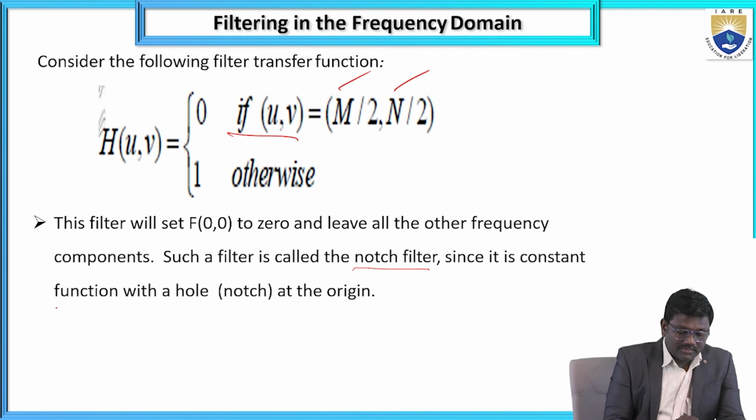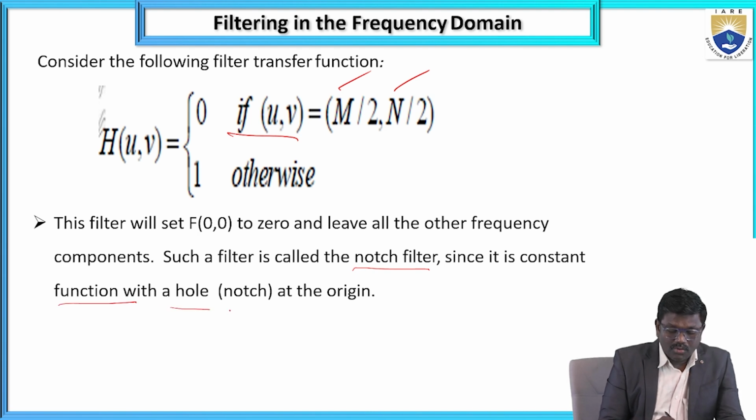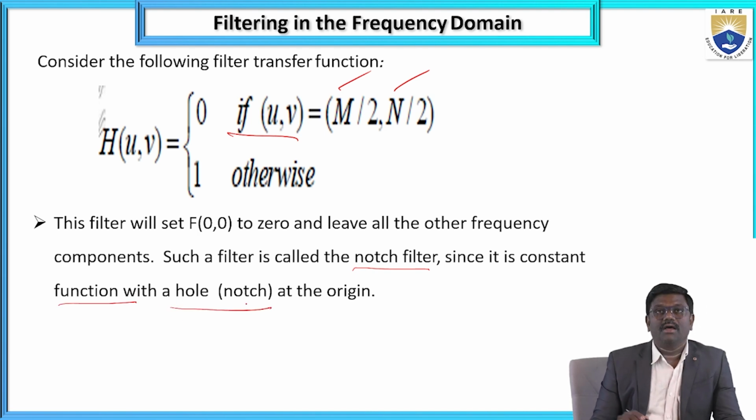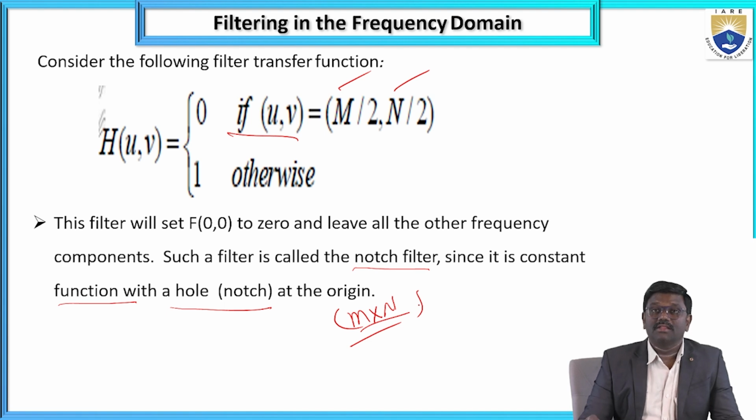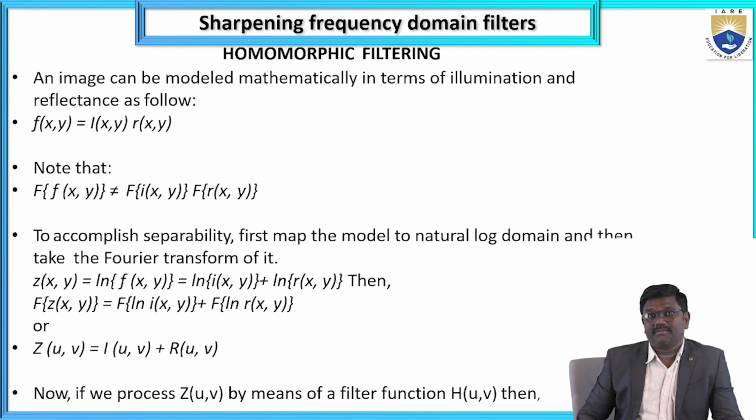Since it is a constant function with a hole, that is a notch at the origin of the process. This origin varies in terms of m comma n values. You know, m comma n is nothing but what we define from the standard input image, which we vary in terms of matrix values of rows and columns. Those row and column values vary with respect to pixels and intensity.